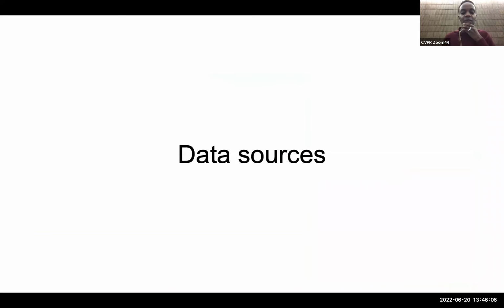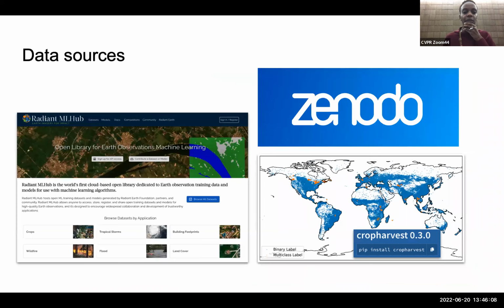In terms of data sources, there are quite a few places where you can find data. There's the Radiant Earth ML Hub, where there are machine learning ready data sets. There are quite a few from around the world. They have competitions sometimes. They have data sets on field boundaries and points.